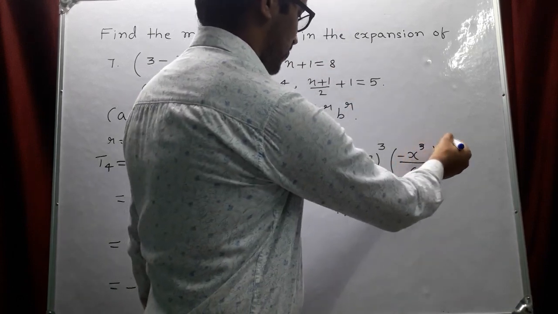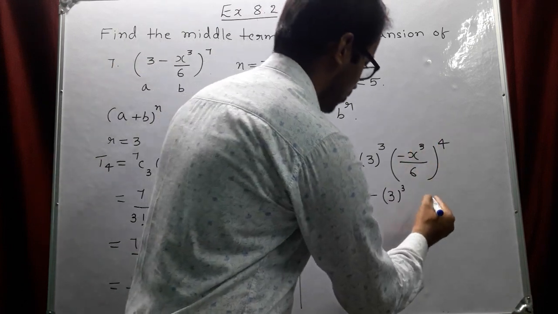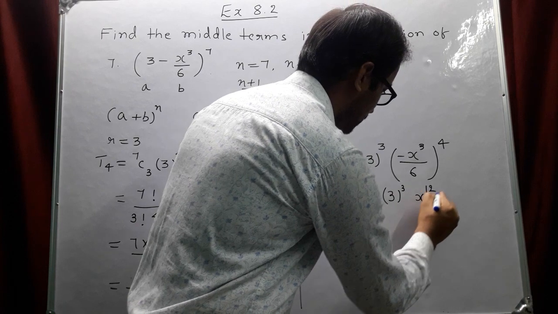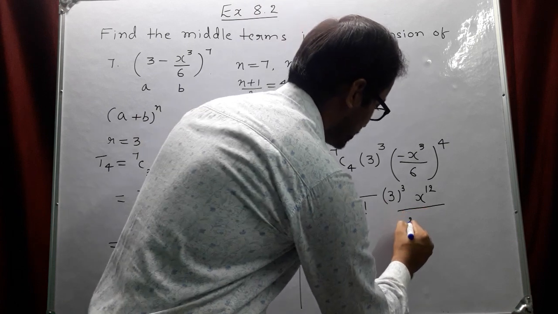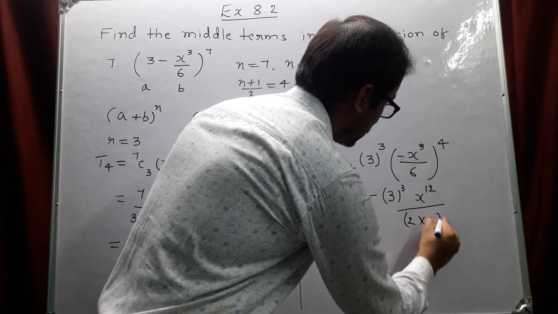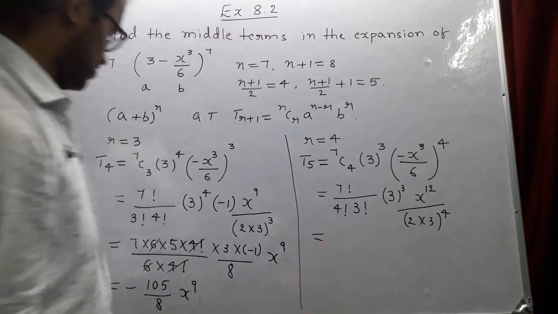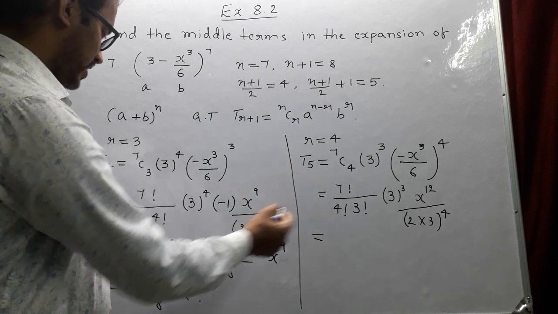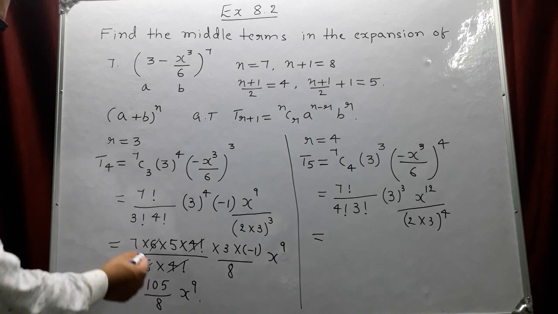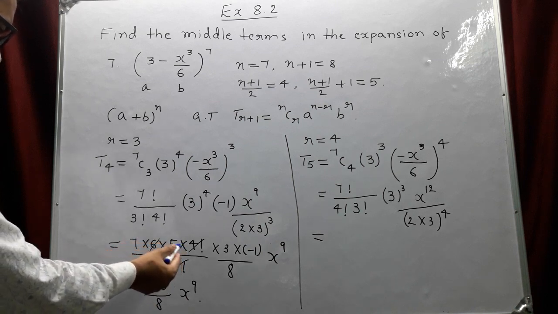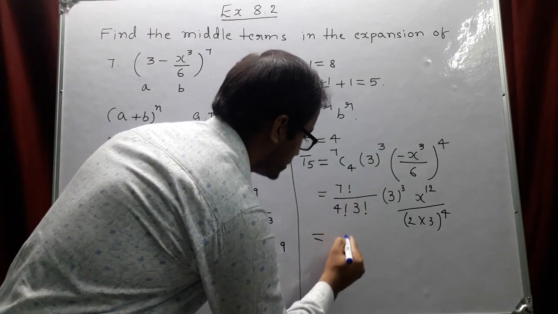Here minus 1 power 4 means that will be plus, and (x cube) whole power 4, that is x power 12, divided by 6, and 6 can be written as (2 into 3) whole power 4. So we have seen here 7 factorial by 3 factorial into 4 factorial. If you simplify, what will we get? That is 35. So this value is 35.